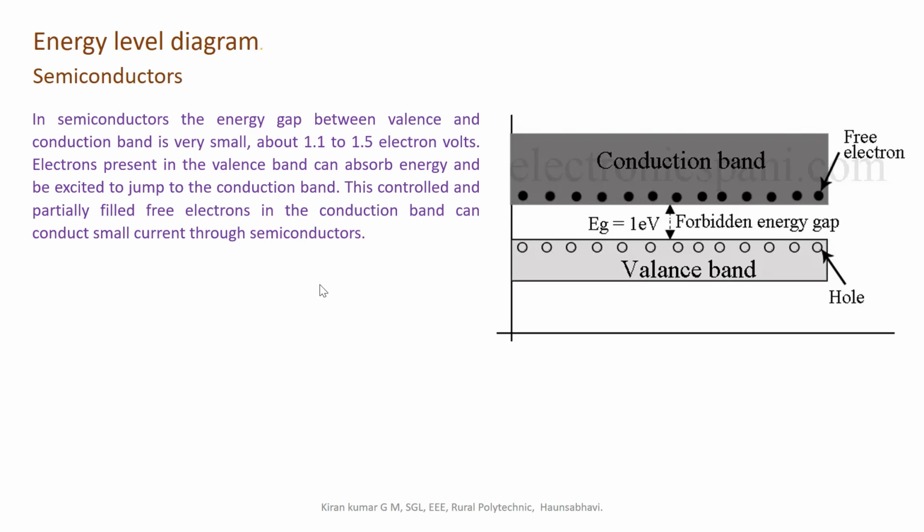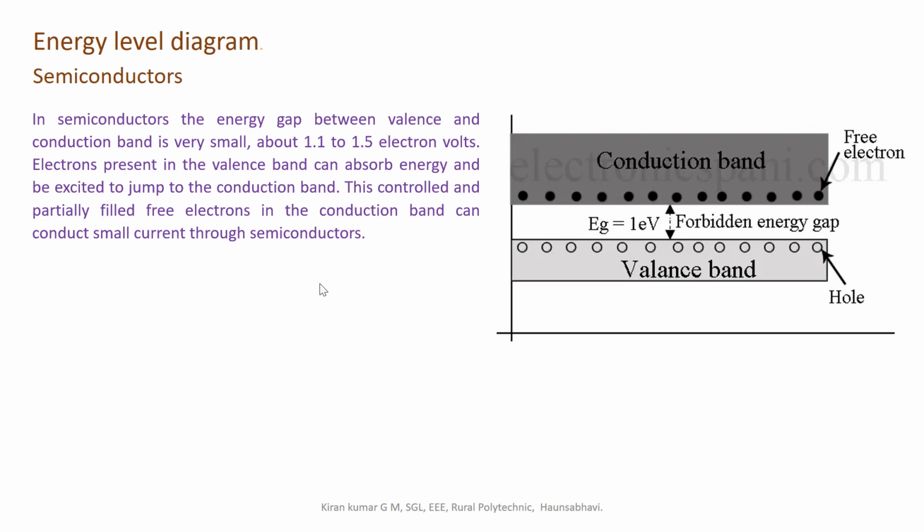This is the smaller energy gap, called the forbidden energy gap, which an electron present in the valence band can easily cross by the room temperature or the voltage that we externally supply. Gaining that extra energy, the electron will jump from the valence band into the conduction band to become a free electron.